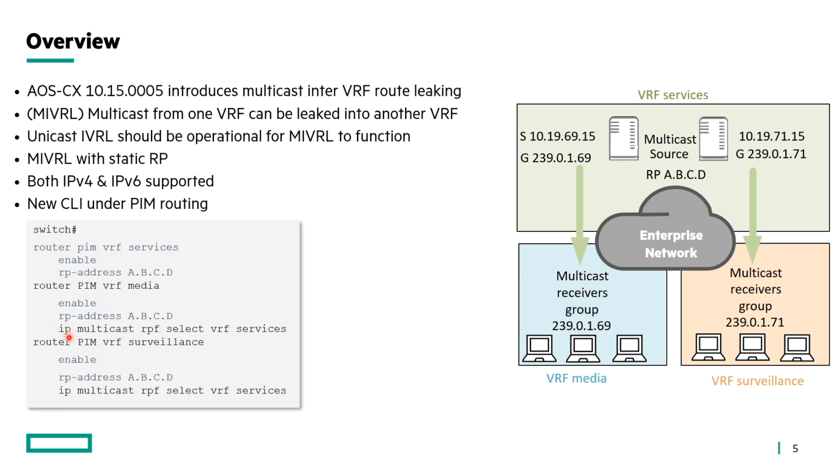Then we put in the new command, ip multicast rpf select vrf sources. This is the services VRF being leaked into media VRF. Likewise, we do the same for the surveillance VRF, and we leak the services VRF into that. That's quite simply how it's done in configuration.